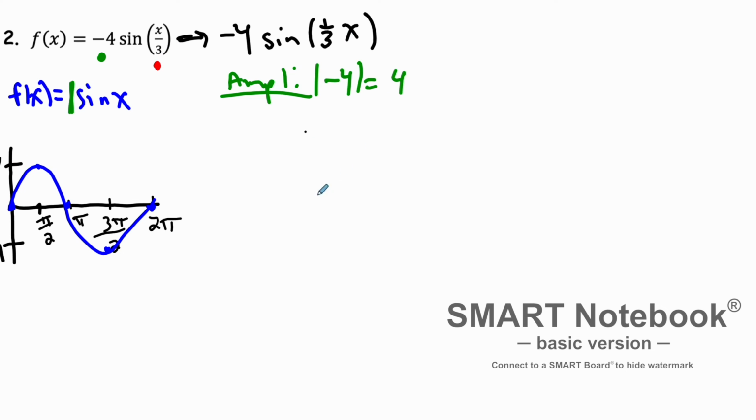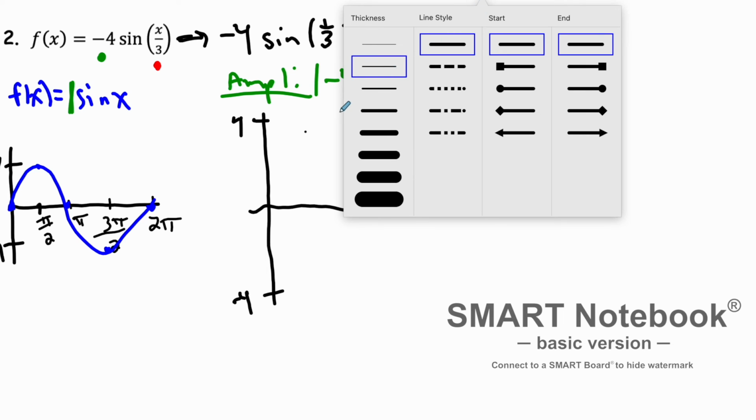So let's go through and graph this now. We will stretch it out because it's going to go from 4 down to -4. Now we have not changed our x coordinates at all.